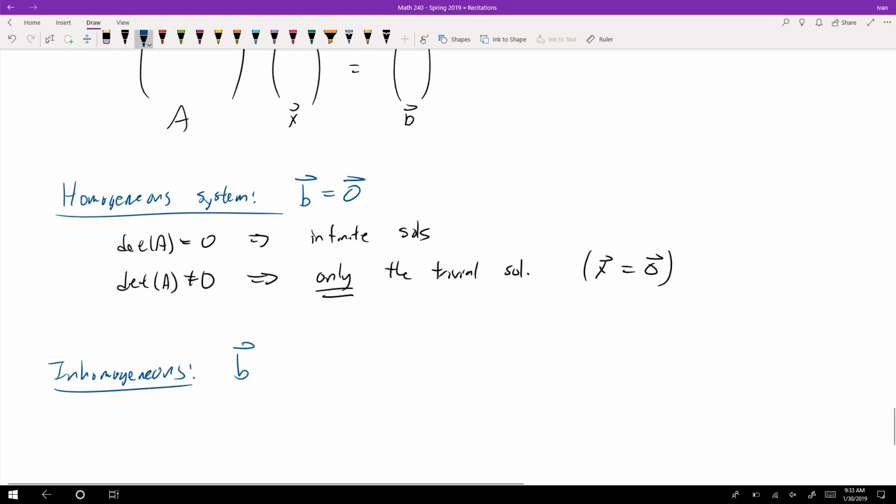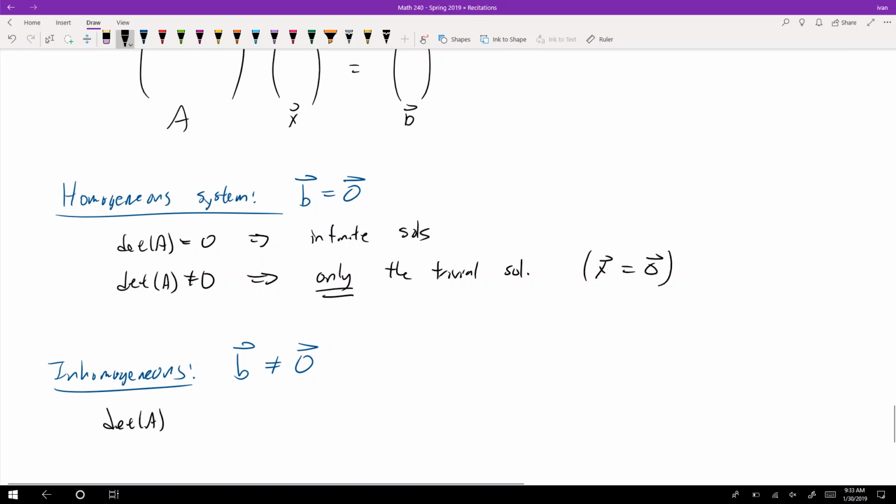If you have an inhomogeneous system, B is not the 0 vector, it's something else. This gets a little more hairy in the sense that one of these 2 tells you absolutely nothing.